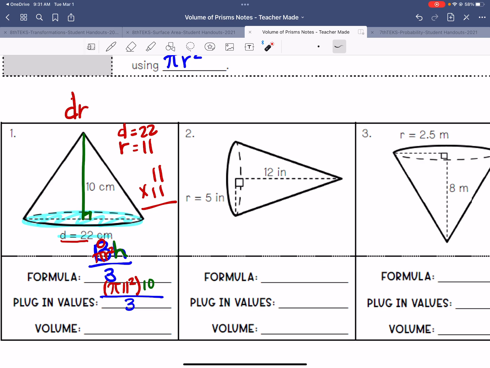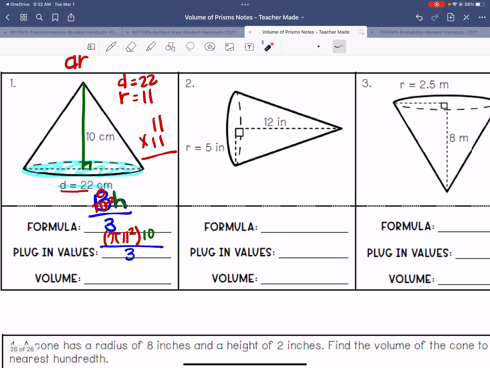And then we're going to multiply that by 10, close our parentheses, and then hit divide by 3. You can also do it separately. So you can say pi times 11 squared times 10, and get an answer, and then divide by 3 if you would like. But it will give you the same answer. So you should have gotten 1,237.11.